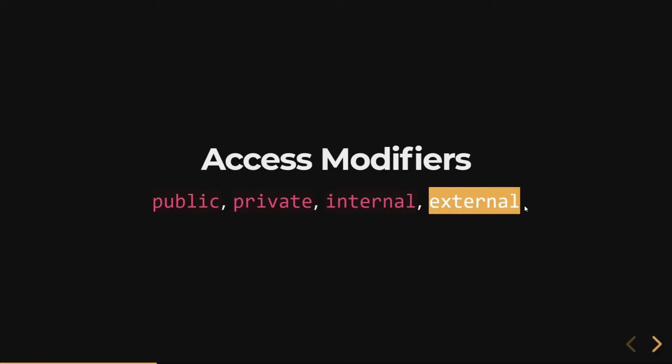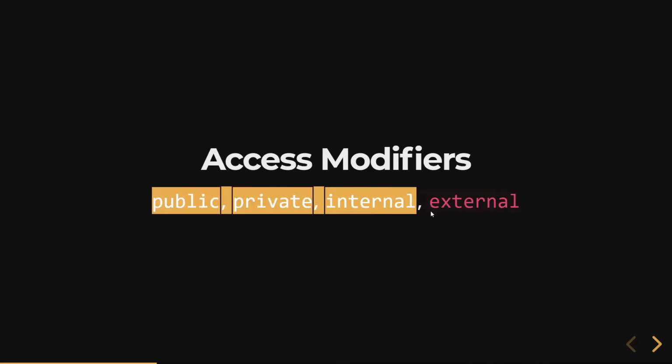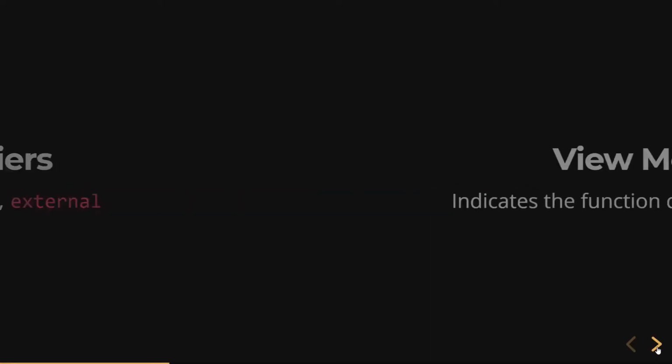External functions cannot. So, for example, a private function could call an internal function, but couldn't call an external function. An external function could call any of these. And external and public are similar in that third parties, like other contracts or other addresses, can call these functions, whereas private and internal ones cannot be called by other contracts.